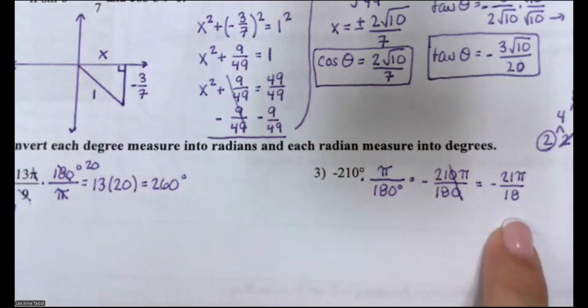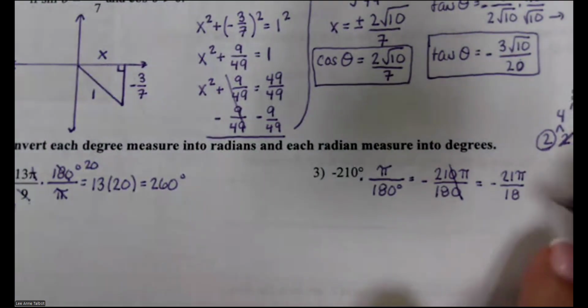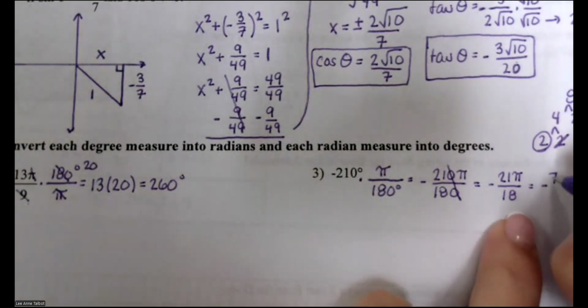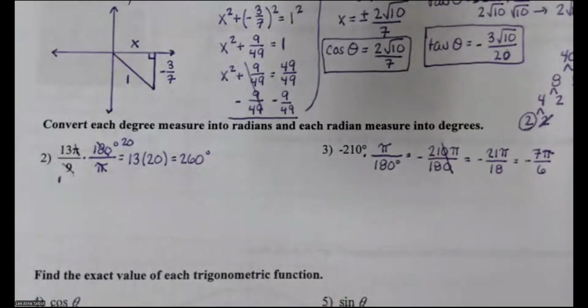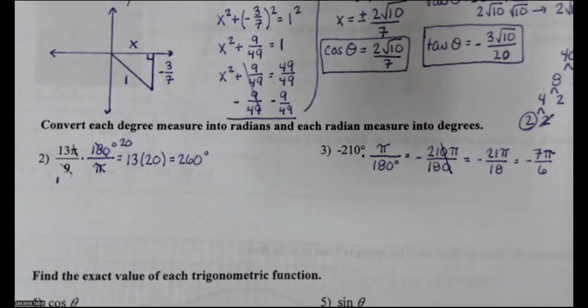And then I say to myself, oh, those are both divisible by 3. Negative 7 pi over 6. Any questions on number 2 or 3 before I move on? I like those.